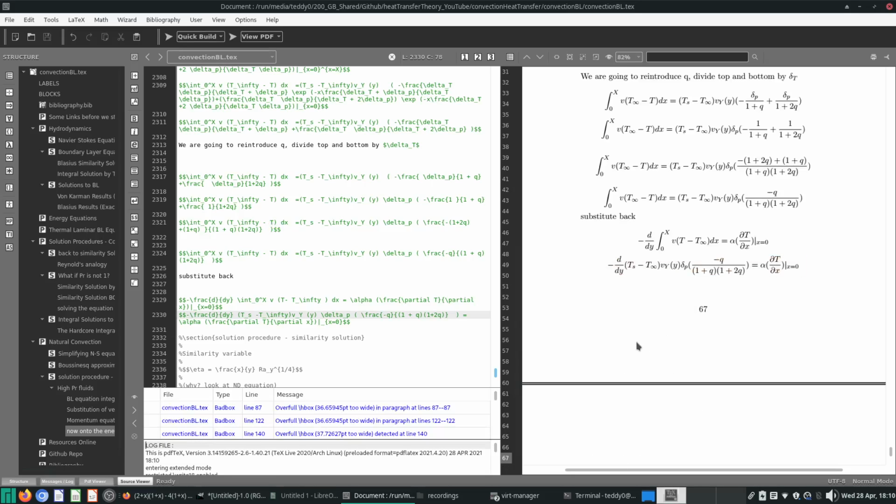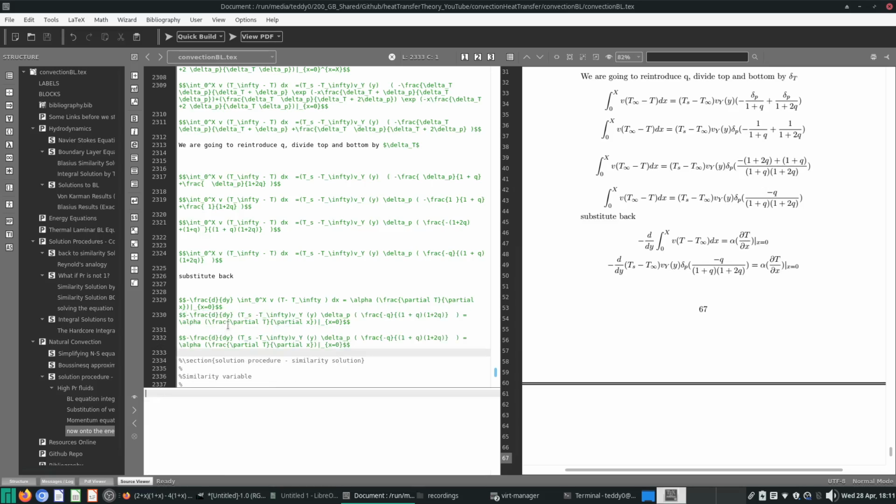Good thing though, both of these minus signs will cancel out and it will make life easier. I won't say it's easy, easier. Okay, the Ts minus T infinity can be put outside. And let's put the delta t back in here.